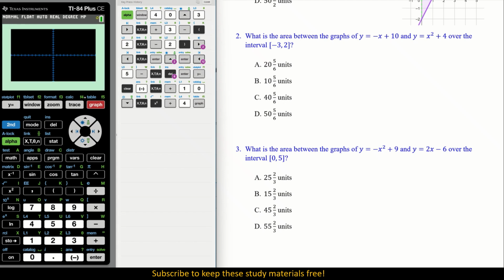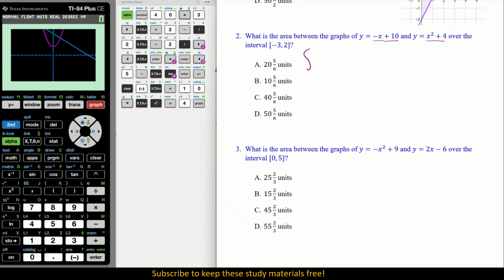Now graph it and see what it looks like. So we know that the straight line is first, and we subtract the bottom curve. Between that, we'll get our area. So this is what it needs to look like.